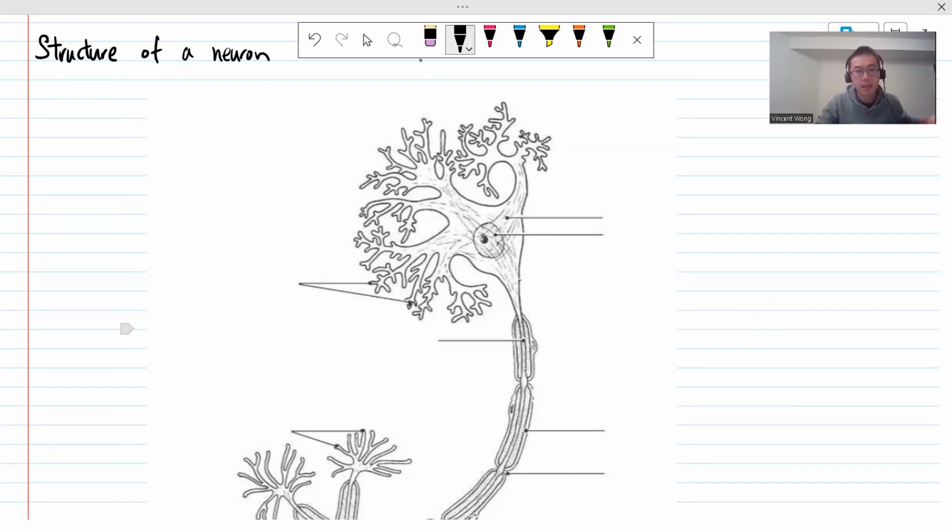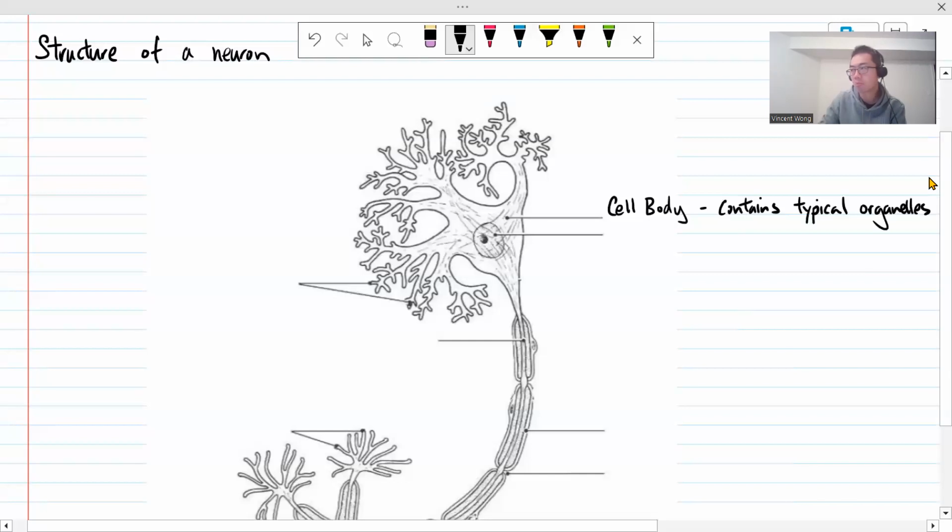Here, this is the cell body. Nothing unusual about it. It contains the typical organelles. You will find your mitochondria, your Golgi body, and so on and so forth.